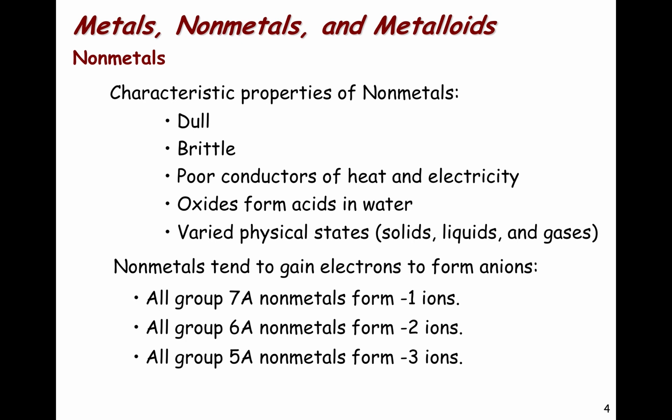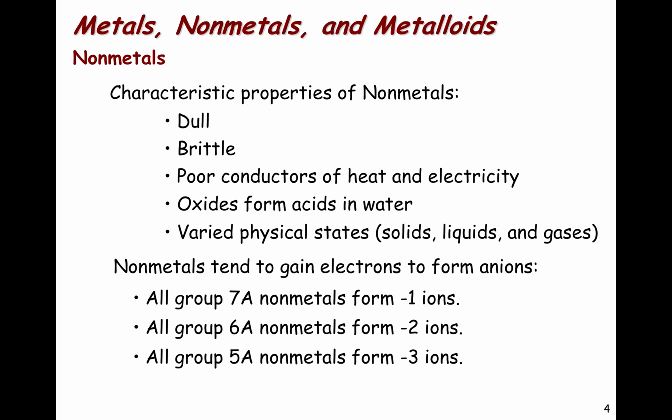Therefore, the negative 1 ions of those elements tend to be very, very stable. If we go to the 6A elements, oxygen, sulfur, selenium, and so on, those tend to gain 2 electrons to have the same electron configurations as the noble gases, and so those tend to be very, very stable.